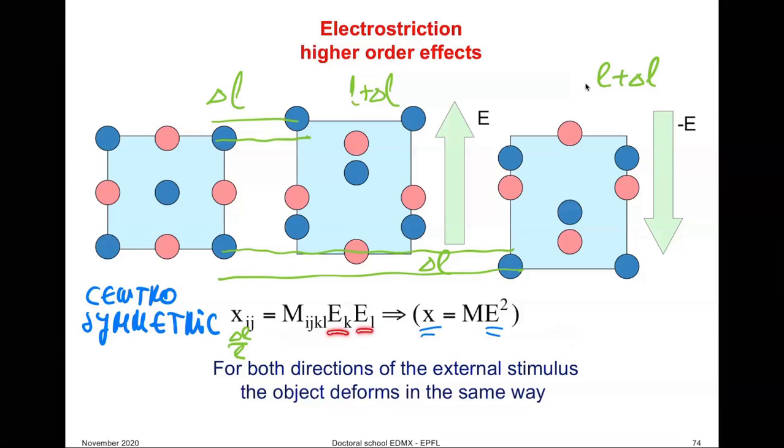You can apply fields in the same direction or different directions. If there is only one direction of the field, we have here E squared, but we can also apply fields in different directions, and M are the so-called electrostrictive coefficients. So the bottom line is that for both directions of the external stimulus, the object deforms by the same amount.